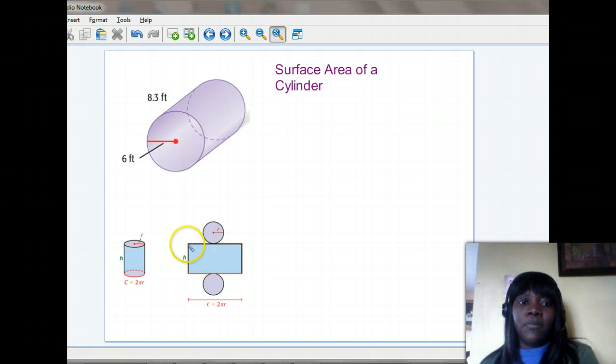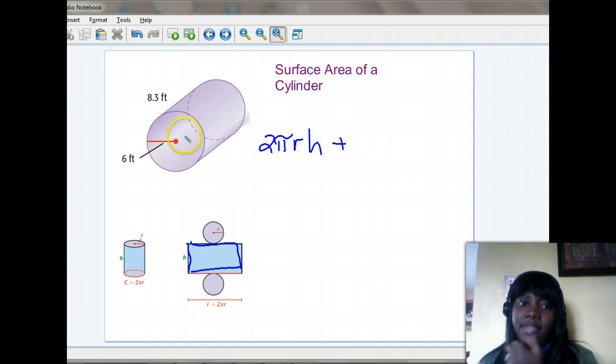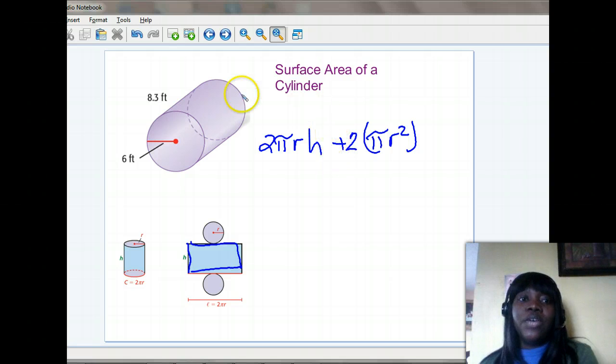So to find the area of just the lateral face, we have to do 2 pi r h, plus now we need to add the area of both bases, the two circles. The area of one circle is pi r squared, but since we have 2, we need to multiply that by 2, and then from there all we do is go ahead and substitute.